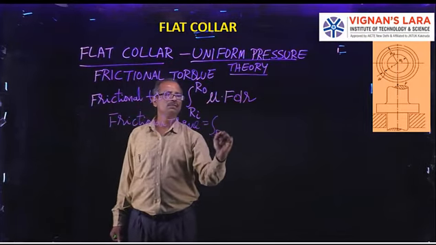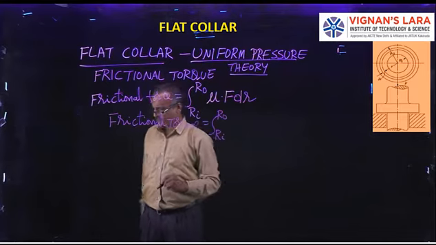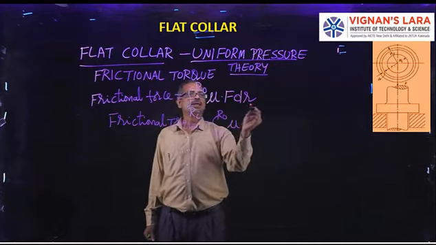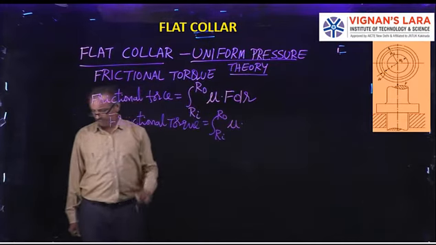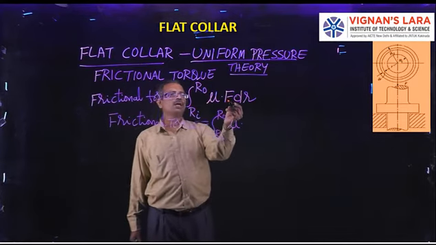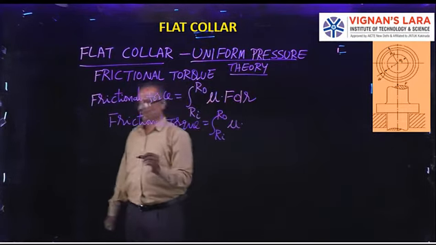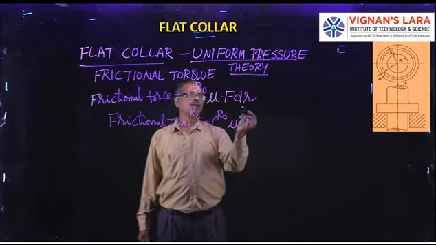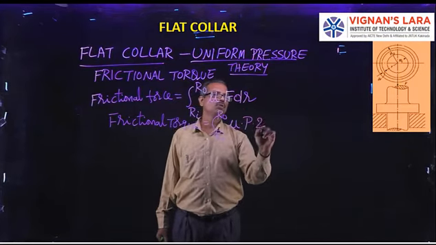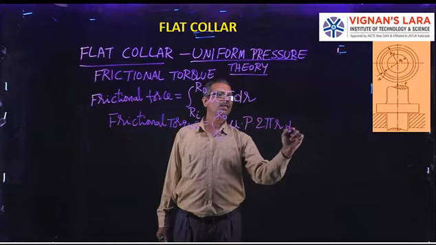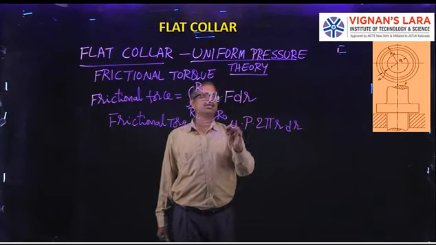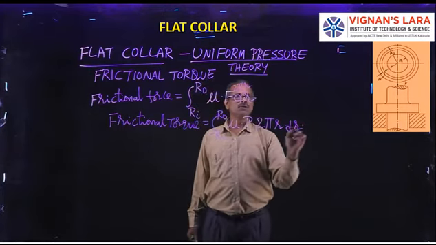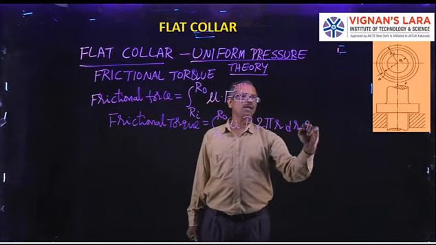That is Ri to R naught, then mu. So this is the magnitude of the torque. How can we write the force? We know the pressure is P, and the area is 2 pi r dr, into the torque multiplied by r.